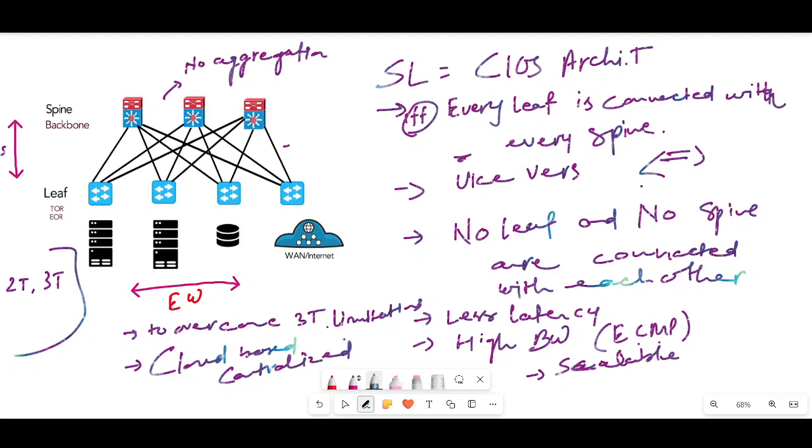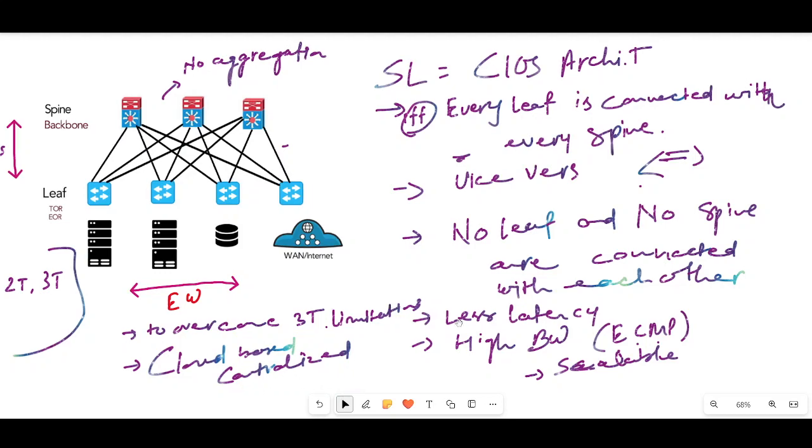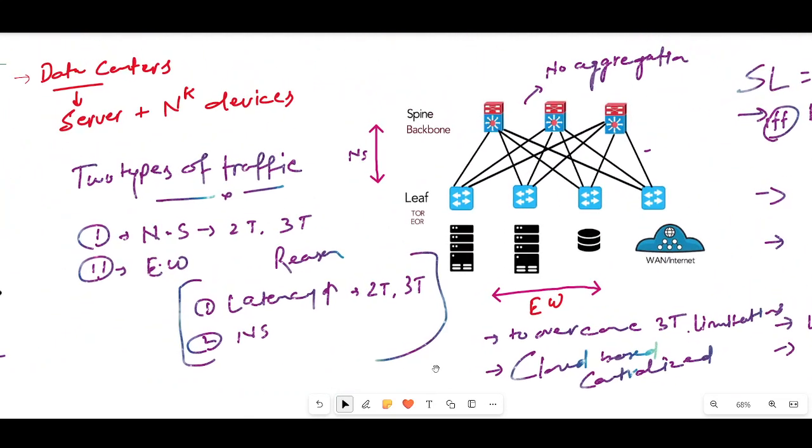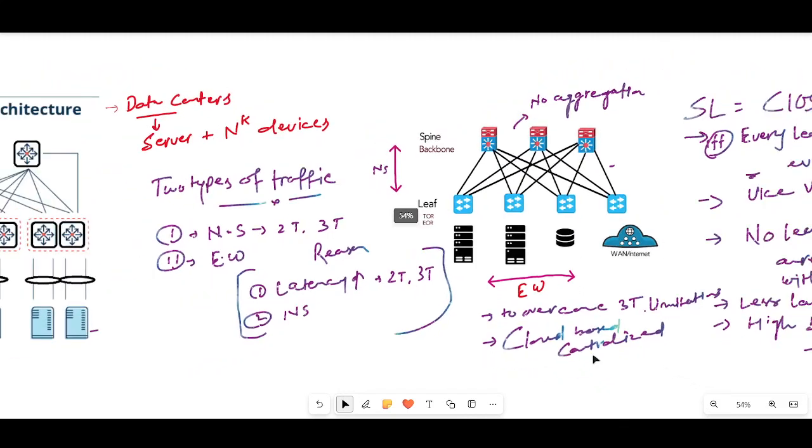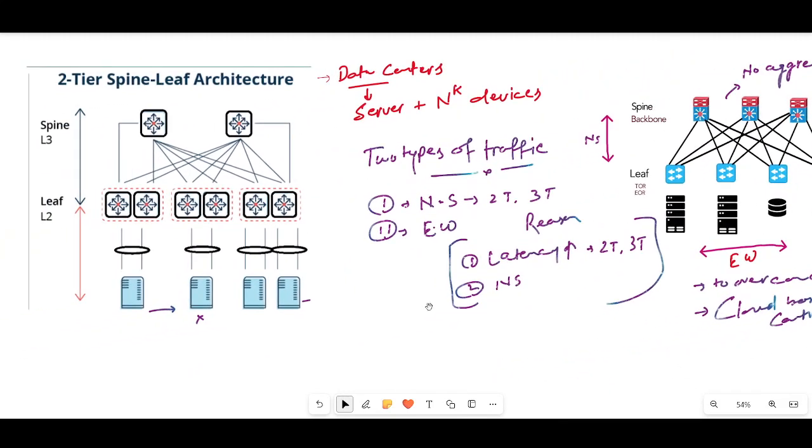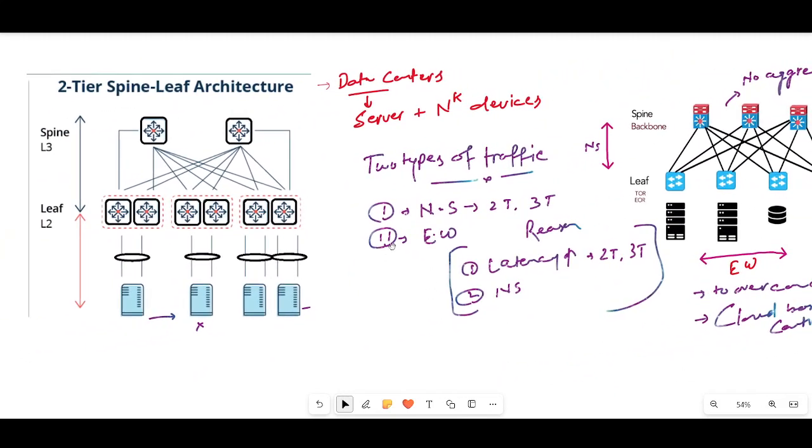I hope this will be very helpful for us, and I have given enough information about spine leaf architecture to understand it: there are two traffic types, north-south and east-west, and what latency, cabling, oversubscription and HA are.